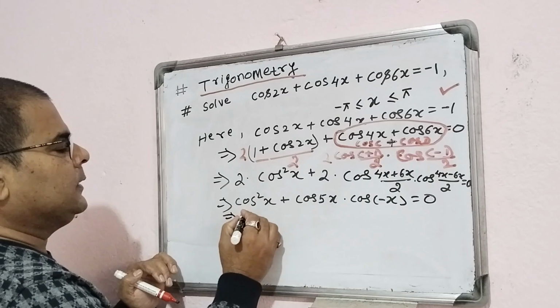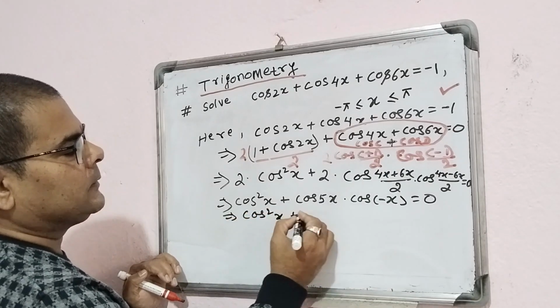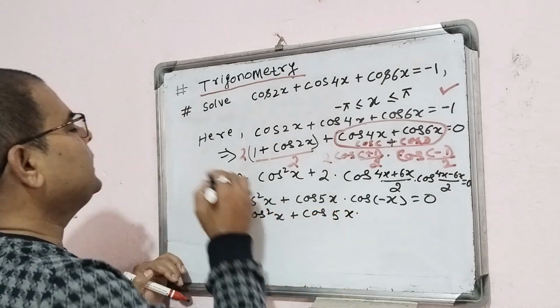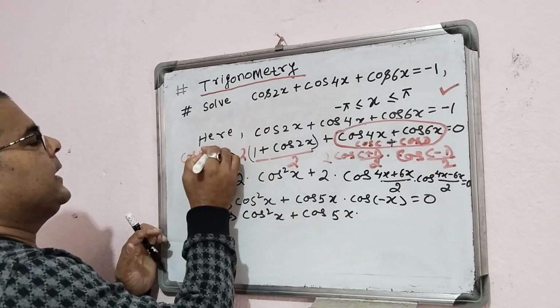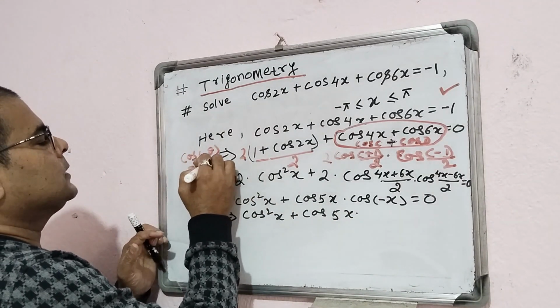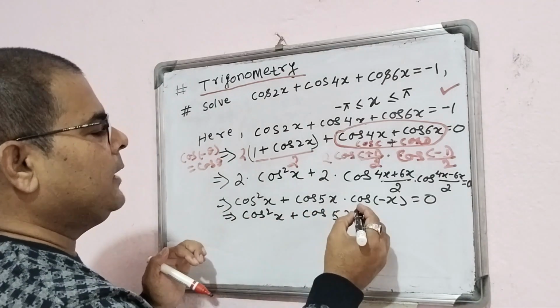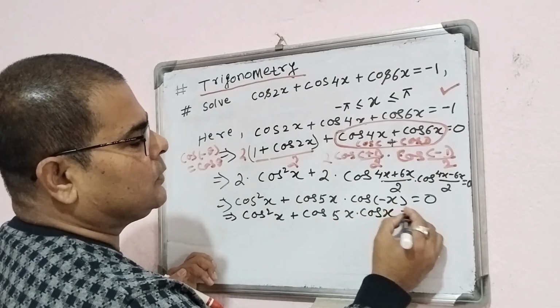And then let's go further again. It is cos square x plus cos 5x, and you know that cos of minus any angle is cos of that angle, so here it is theta, and here it is x. So we have cos x equals 0.